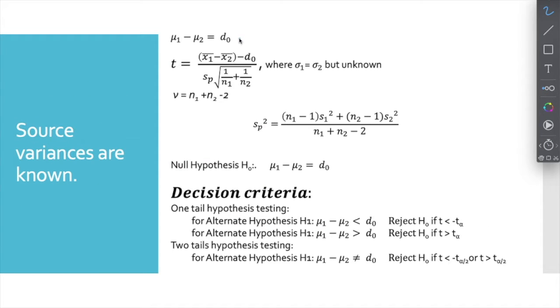There are certain steps for hypothesis testing which we have to follow, where the difference is 0. This is our null hypothesis that d0 is 0, and our alternate hypothesis is that mu1 minus mu2 is more than 0.